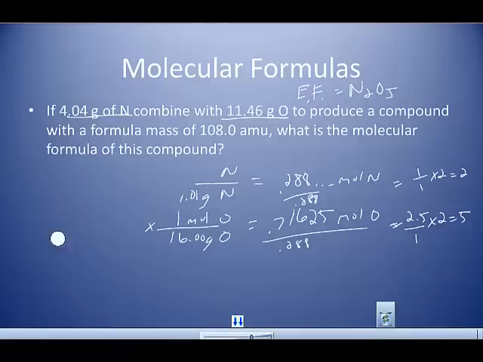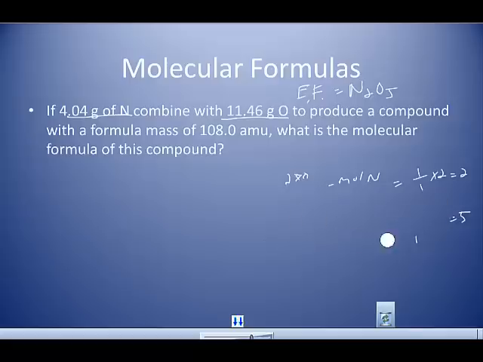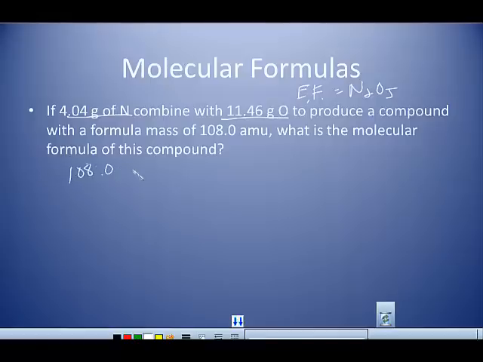So now we're back to the beginning of the last problem. We have an empirical formula, and we have a molar mass of the whole molecule. We take the mass of the whole molecule, which is 108.0 AMUs, or the formula mass, which is the same number. Then we take the formula mass of the empirical formula, so it's 2 times 14.01 AMUs, plus 5 times 16.00 AMUs. Remember, it's the same number as the molar mass.